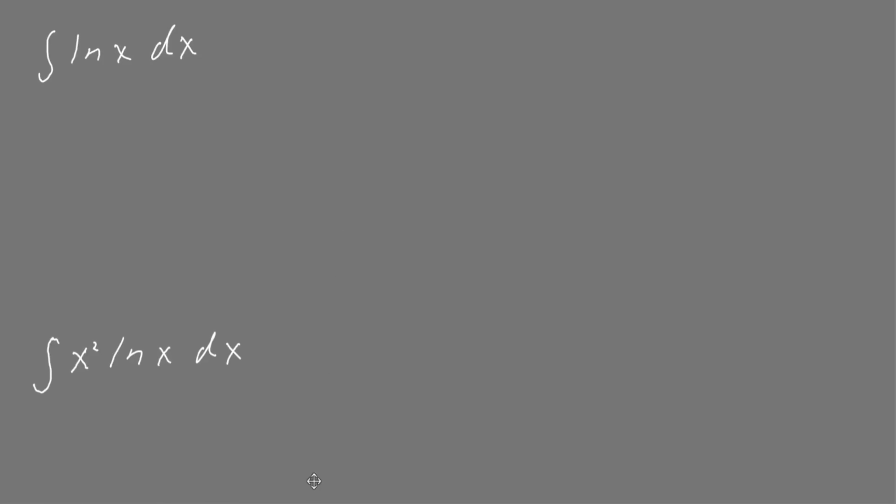And here's a type 2 problem. There's only one term in the integrand, so I'll just choose this to be u, and what's left over will be dv. So u is equal to ln of x, and dv is just equal to dx.